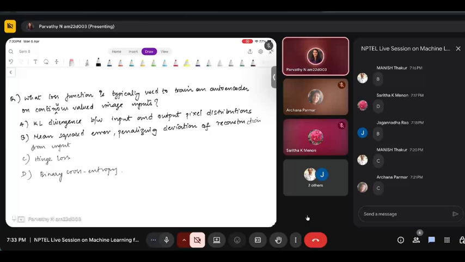For continuous valued input, we always take the difference between the actual value and the reconstructed value. So mean squared error is a good function to do that.